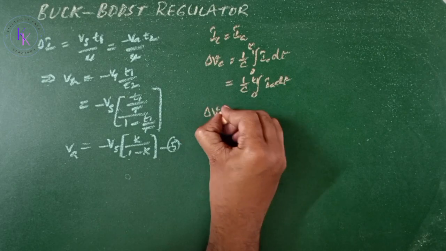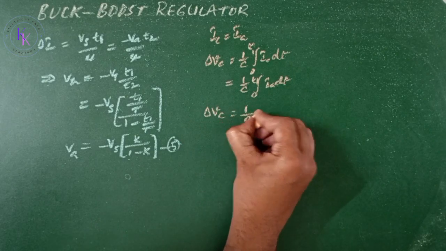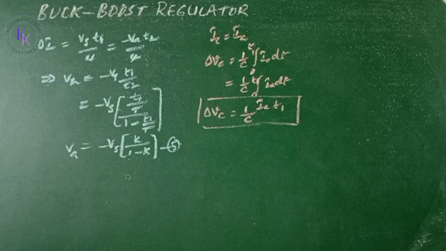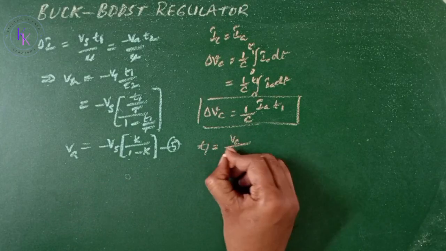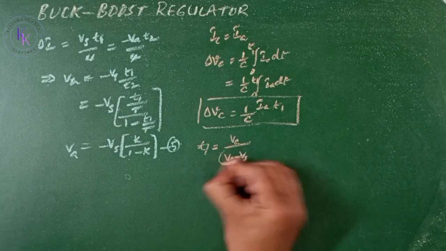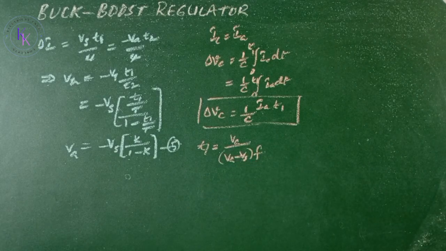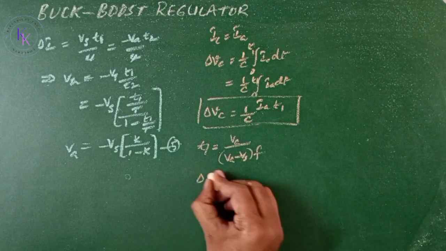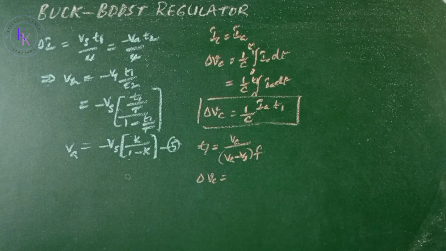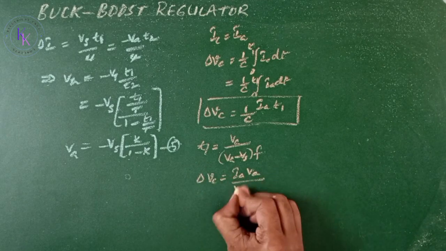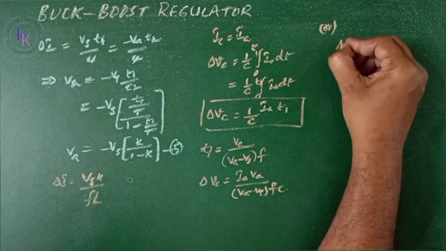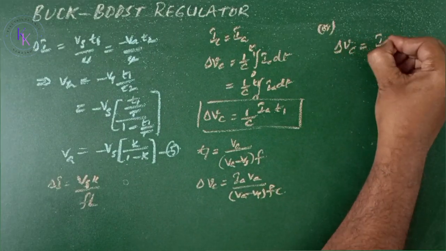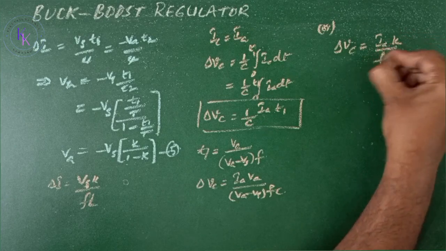Then delta VC equals 1 by C times IA T1. And we know that T1 equals VA divided by VA minus Vs times F. When you substitute this in the above equation, you get delta VC equals IA VA divided by VA minus Vs times F C, or delta VC equals IA K by F C.